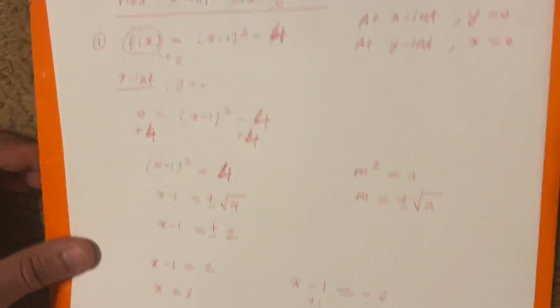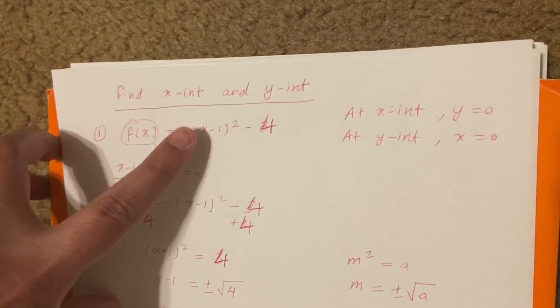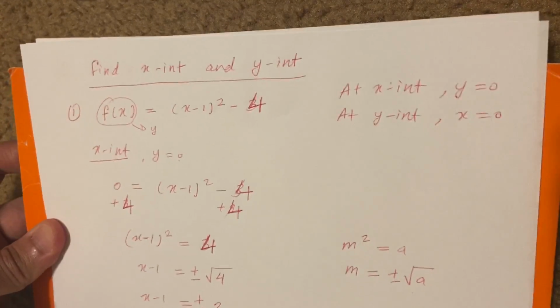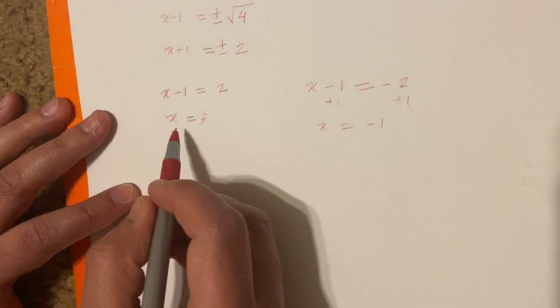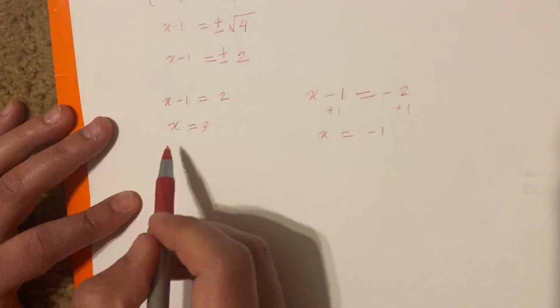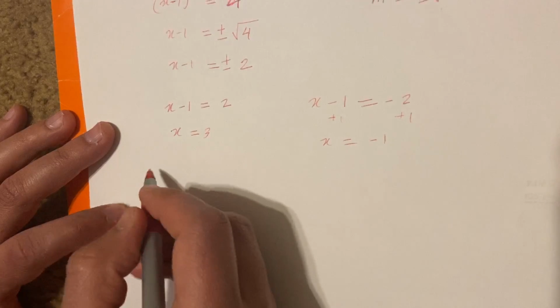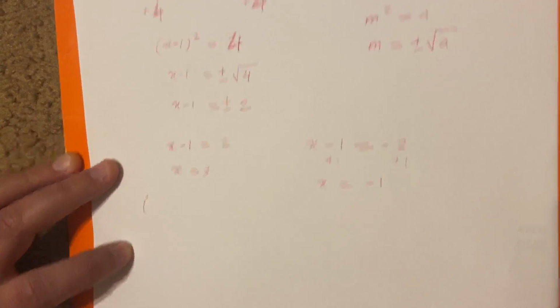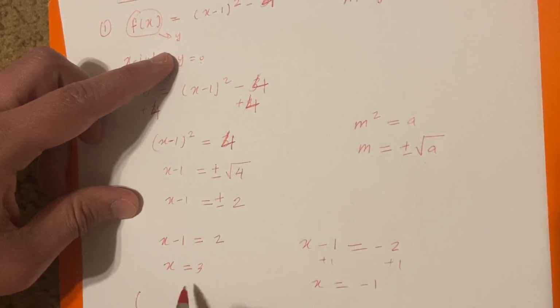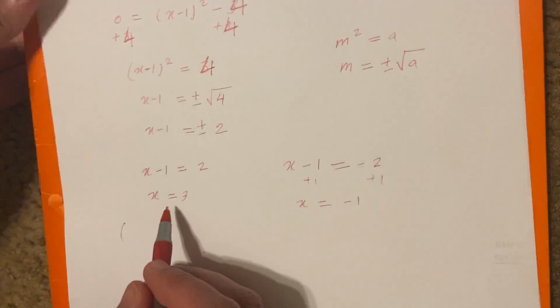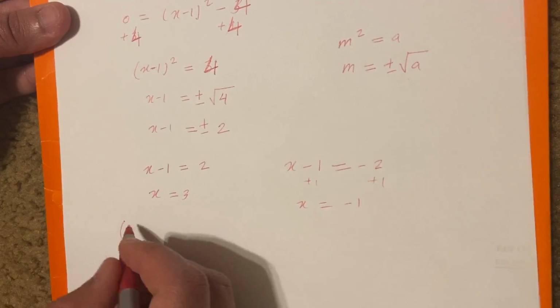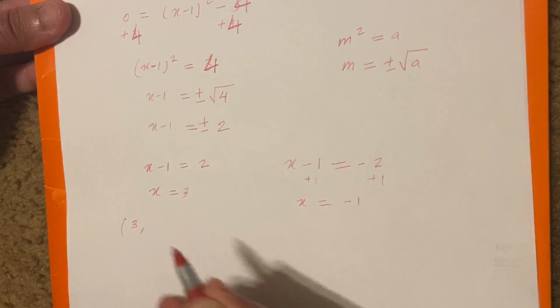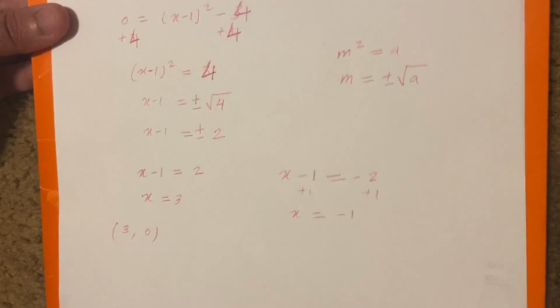Since we are trying to find the x-intercept and y-intercept, we should write our final answer in point form. We just assumed up here y is 0, and x you always write first. So x is 3, comma 0, that's one point.